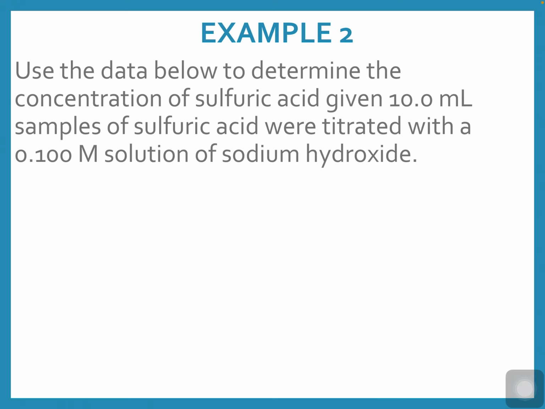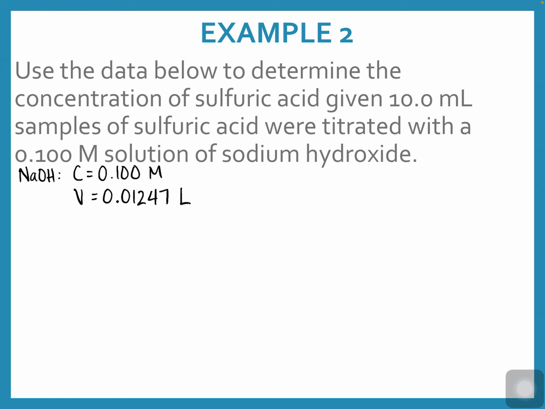So my titrant is sodium hydroxide, so I'm going to start with that. I have a concentration of 0.100 mole per liter, and I just calculated the average volume of the 3 trials to be 0.01247 liters.